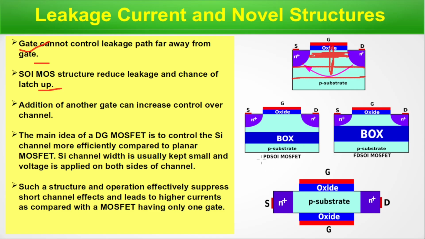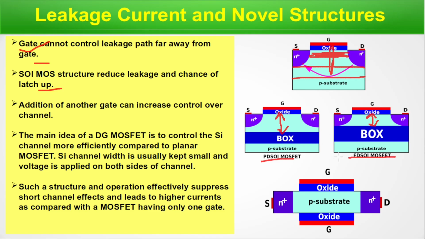We have already discussed SOI devices, PDSOI and FDSOI. Now, of these two types of SOI, in PDSOI this area is comparatively wider, and in FDSOI this zone is much narrower compared to PDSOI. A comparative study has been done in detail in the SOI episode of this series.